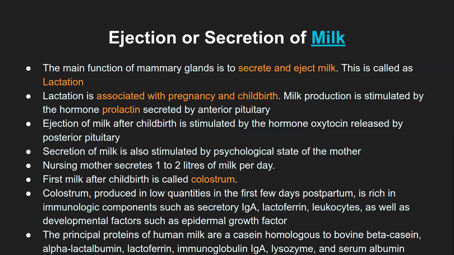It does not just have this growth function, but it also has other functions in terms of cell communication, cell differentiation and so on. So this colostrum is important because it has all these components present within it, and that is why it gives a very good push for the development as well as the immunity of the baby.